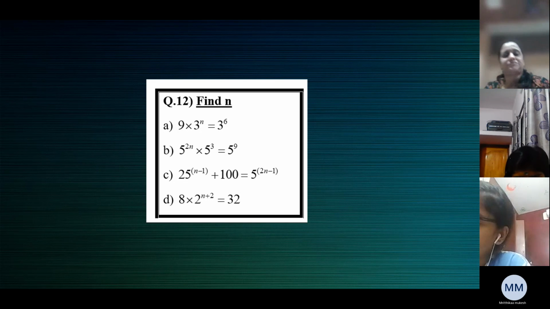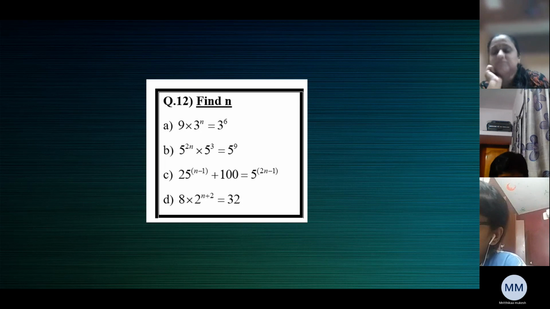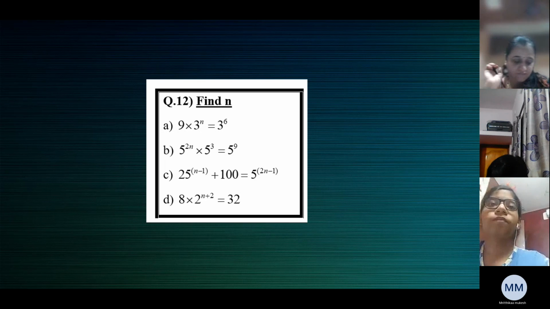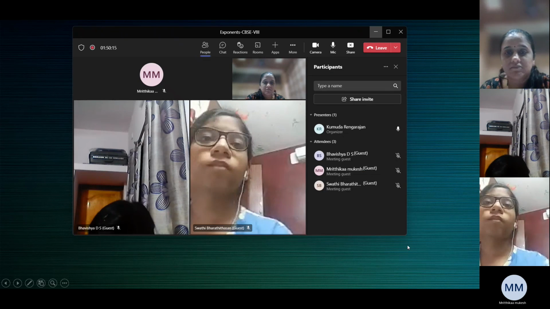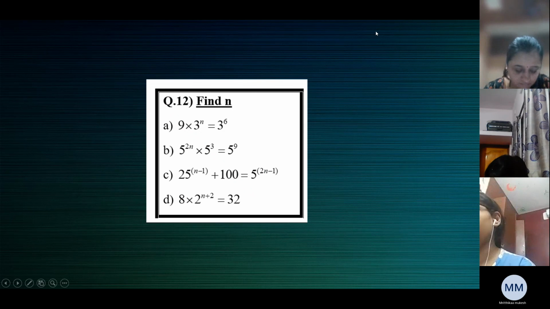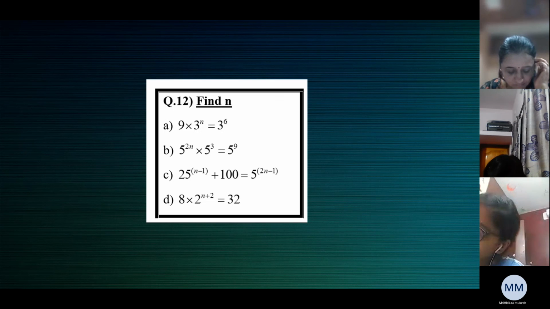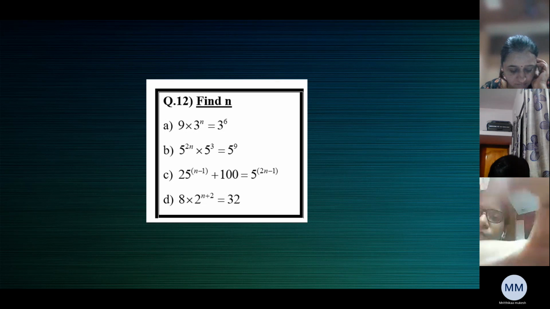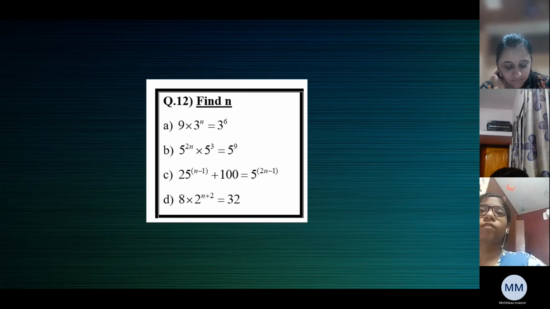Find the value of n. Yes, what's the value of n for the first one?